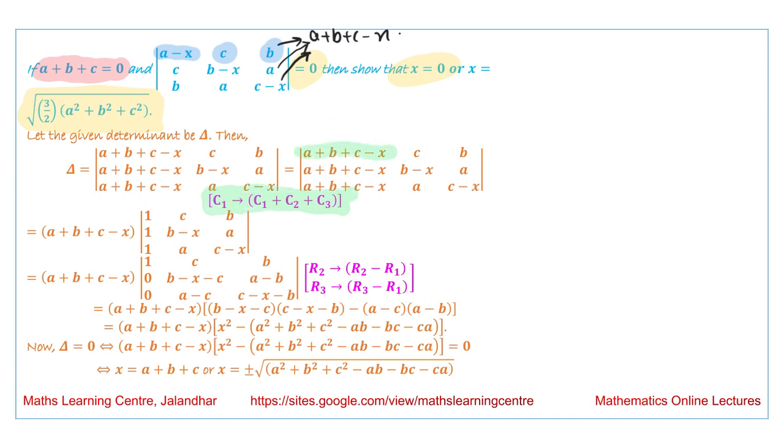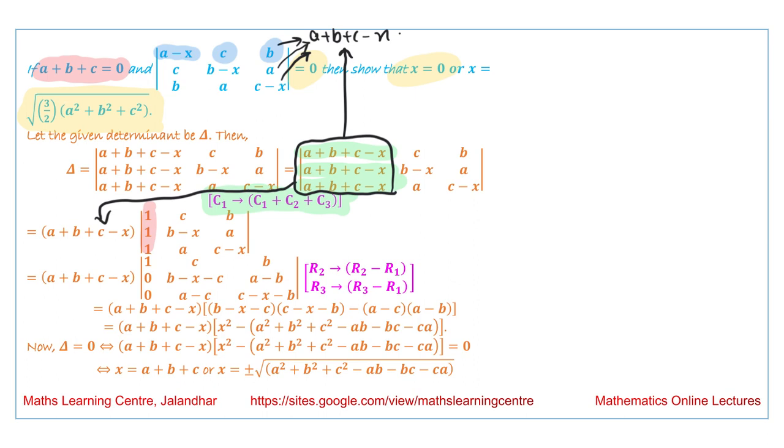So all these elements over here are a plus b plus c minus x. Now from the first column, we can take this term a plus b plus c minus x common. So all these terms now we have are 1, 1 and 1. These terms we have now are 1, 1 and 1.